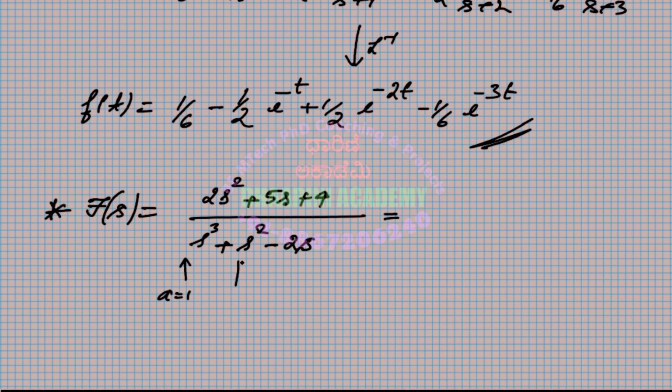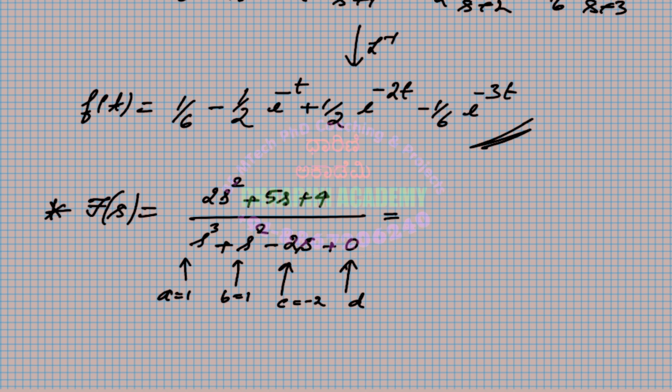I'm going to enter that in the calculator. Then it also asks what is b, that is 1. What is c? It is minus 2. And plus 0, that's a constant there, that will be the d. So you enter that in your calculator, and after d you press equal to.